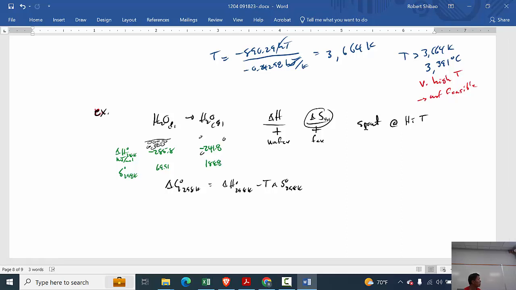And so we'll just plug in the numbers here. This is going to be 44.0 kilojoules. This is delta H of vaporization at 298, minus 298 Kelvin times, what, 118? Let's see, 188.8 minus 69.91, 118.89.